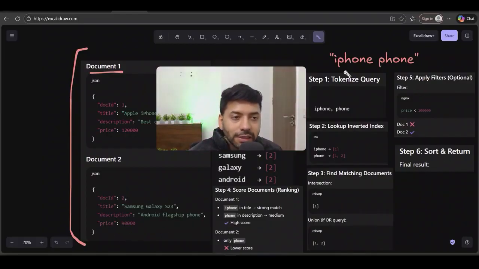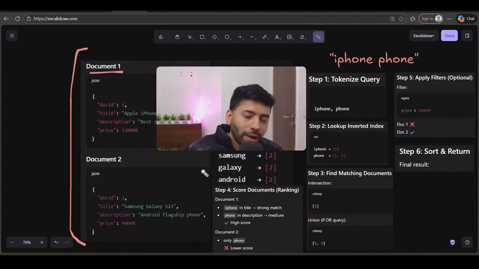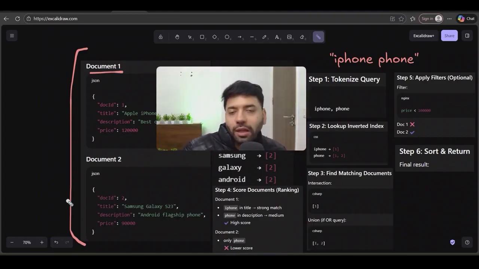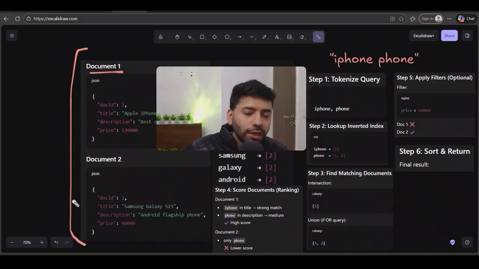In that case, if we apply this union with this filter, it will only return document 2 because document 1 is not fulfilling the filter. So it will send the document 2 ID, and then of course your backend logic decides what to show, and on the UI you can make your logic for how to show that, right?